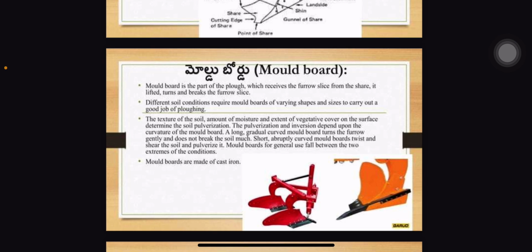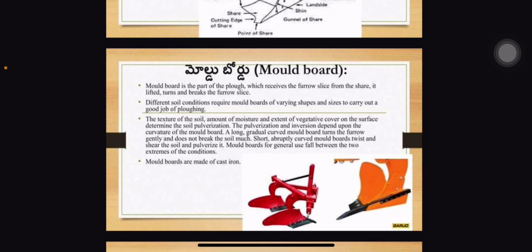The texture of the soil, the amount of moisture and the extent of vegetative cover on the surface determine the soil pulverization. A long, gradual, curved moldboard turns the furrow gently and does not break the soil much. Short, abruptly curved moldboards twist and shear the soil and pulverize it. Moldboards generally used fall between the two extremes of these conditions.